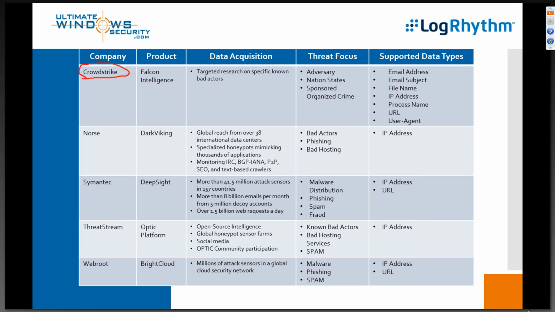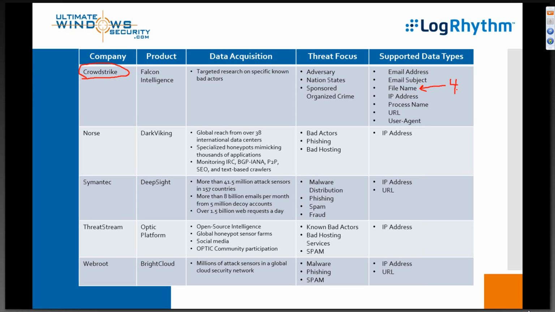And state-sponsored crime, they provide all kinds of data types, like you see on the far side there, email addresses, file names, and that might be useful to, especially somebody like Randy who can name off every Windows event ID off the top of his head, if he can quickly go and find files that they're publishing that are known to be malicious. But a very great source for nation states, and just depending on what you're looking for, this is the kind of data they provide.